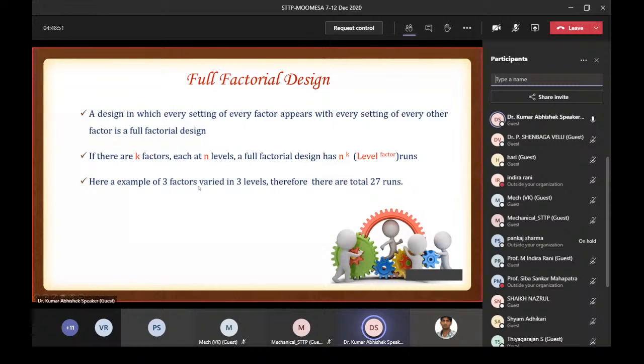So it will increase the experimental cost and the time. When experimental cost and experimental time increase, definitely the manufacturers try to minimize the number of experiments. So in order to minimize the number of experiments, Taguchi utilizes the orthogonal array concept.